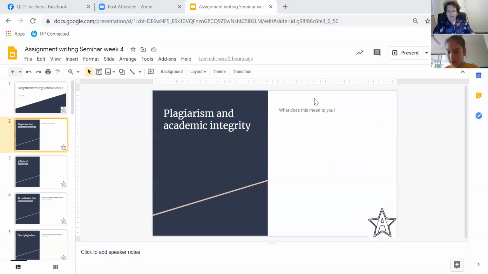Okay. So again, as per usual in the chat, what does plagiarism mean first? And then what does academic integrity mean to you? So what do these two terms mean to you?